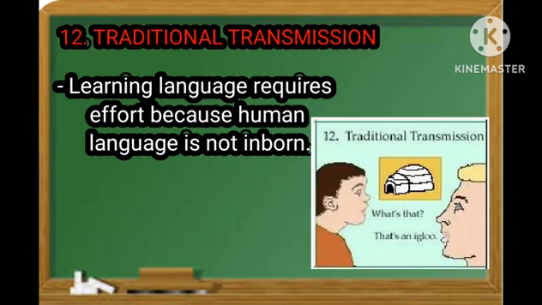So it involves learning language from parents, caregivers, and the members of the community rather than being genetically inherited. So an example of traditional transmission can be seen in a child learning to speak their native language by imitating the speech sounds, words, and grammatical structures used by parents and other members of their community.